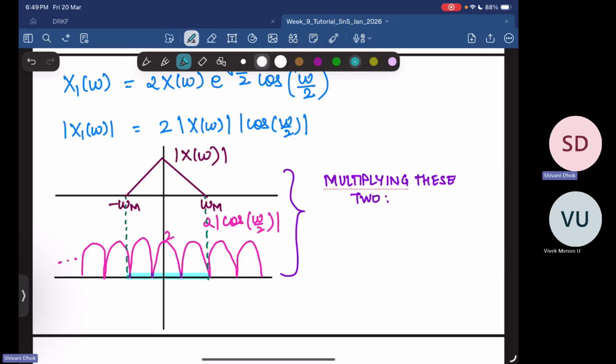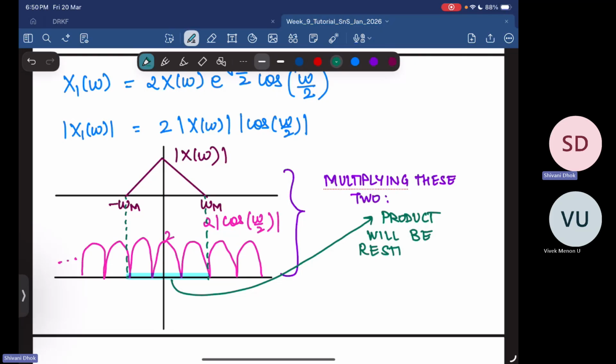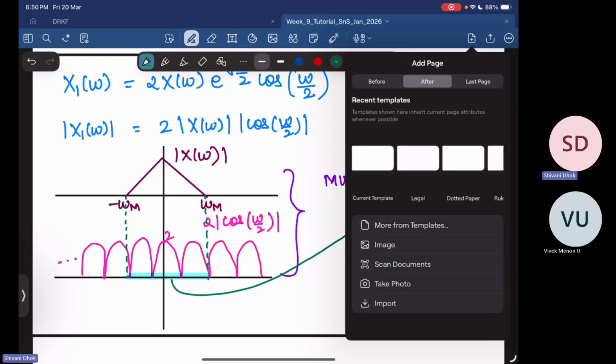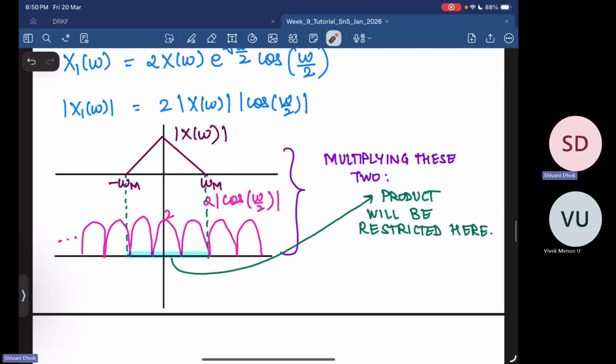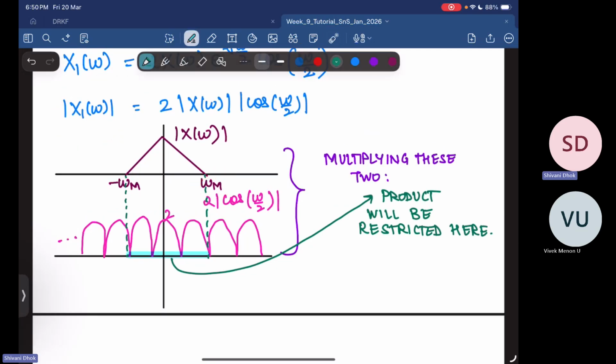The product will be restricted in this band. Therefore, we see that the maximum frequency in x1 of omega is also equal to omega m.